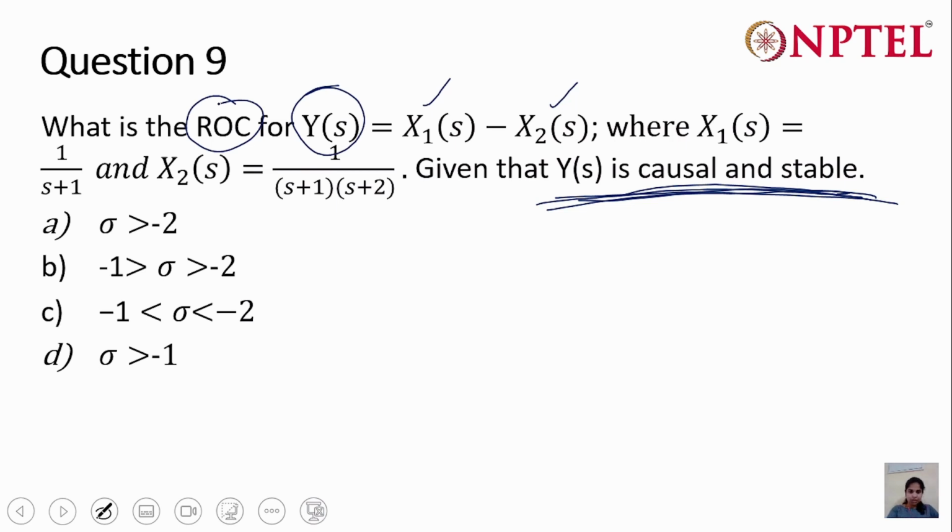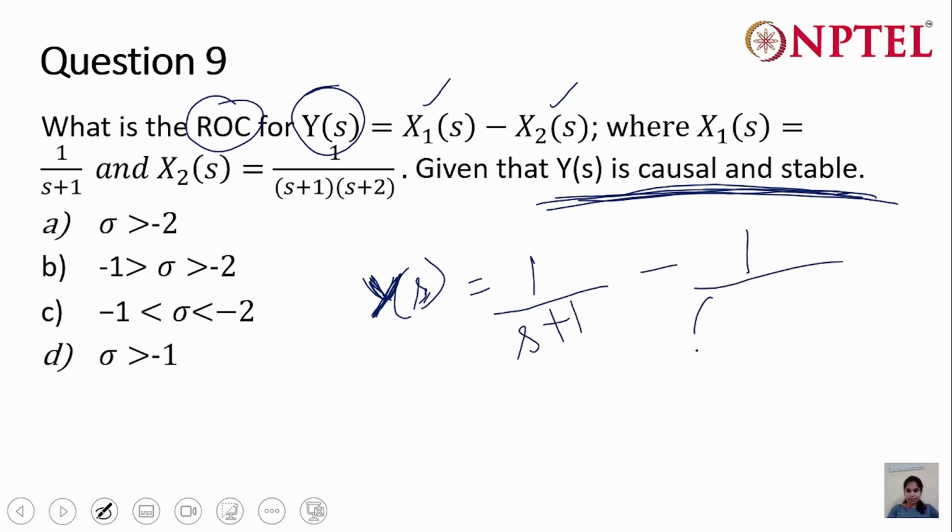Can you tell what you got for Y of s? The poles we get is minus 1 and minus 2. Y of s is 1 by s plus 1 minus 1 by (s plus 1) into (s plus 2), right?